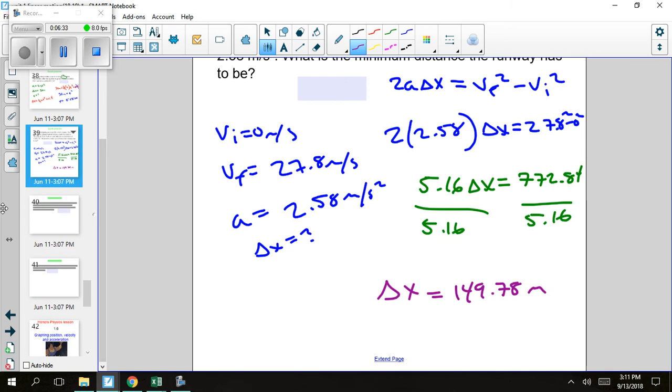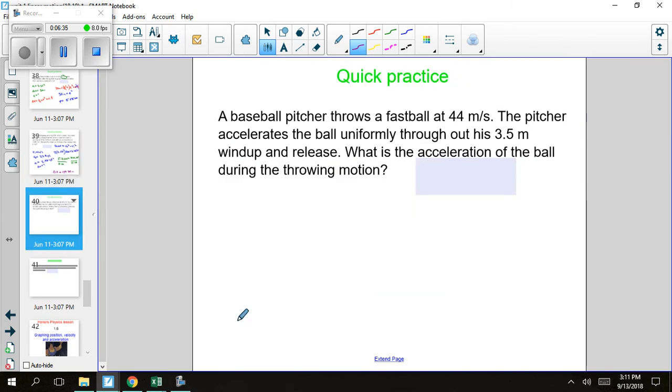Alright, so look at this one real fast. We have a baseball pitcher who's throwing a fastball, 44 meters per second, so velocity final, 44 meters per second. The ball accelerates through a displacement of 3.5 meters. What is the acceleration of the ball during the throw? So I'm looking for acceleration. Velocity initial is 0.